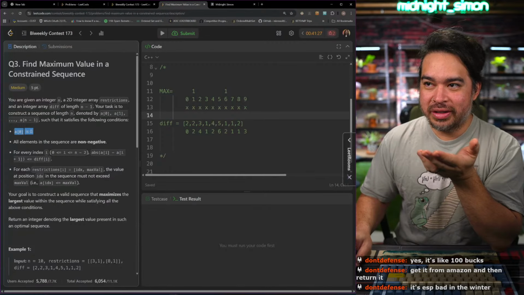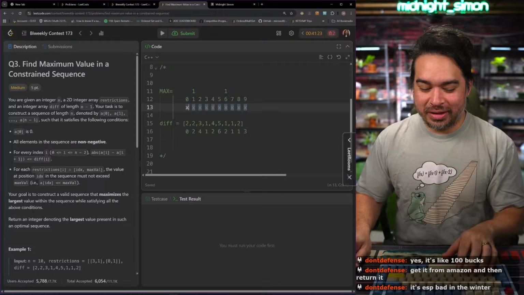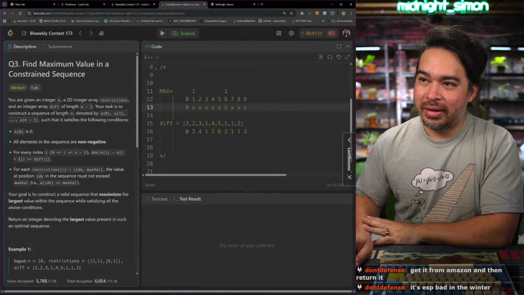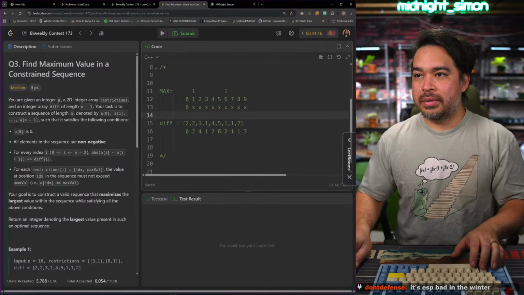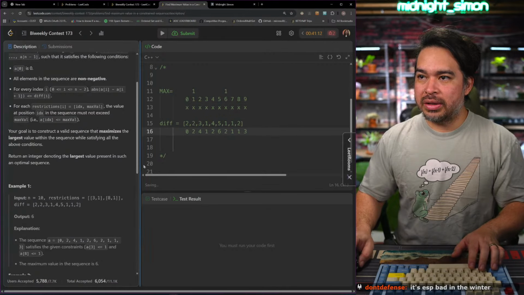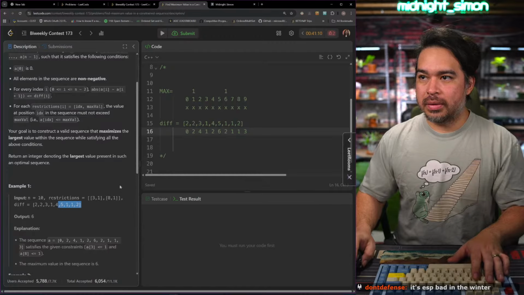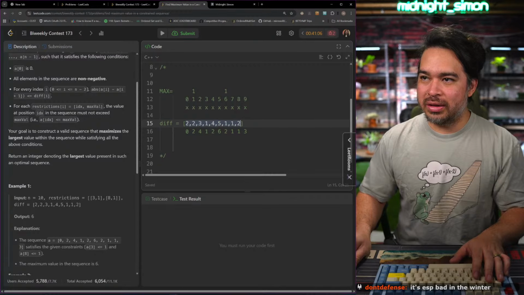Oh, A0 is 0. That sounds like some key information there. So this is 0. So that means the next number... Oh shit. How did that turn into a... What the hell are these? Oh, that's the answer. These are the diffs.